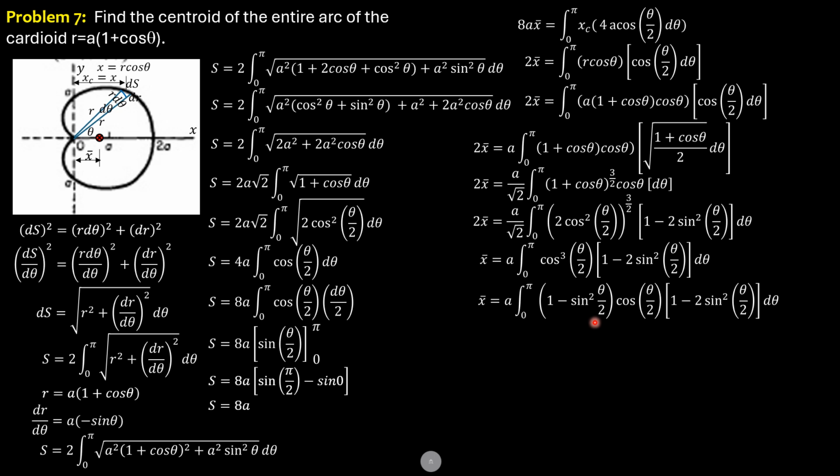So x bar is a, then integral 0 to pi of quantity 1 minus 3 sine square theta over 2 plus 2 sine to the fourth theta over 2 times cosine theta over 2. So that's it.